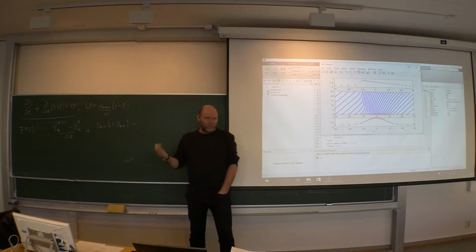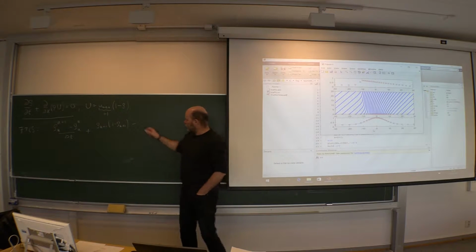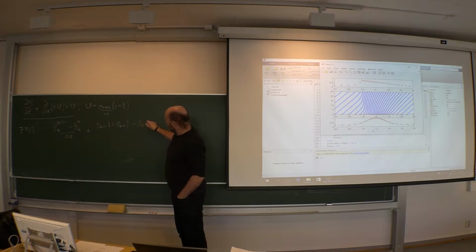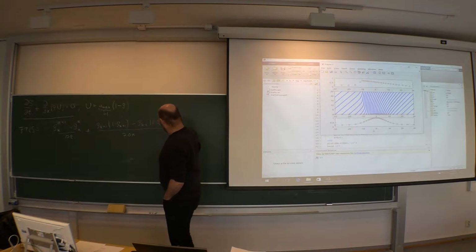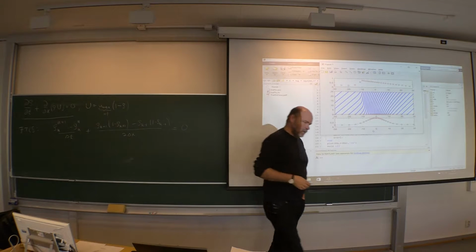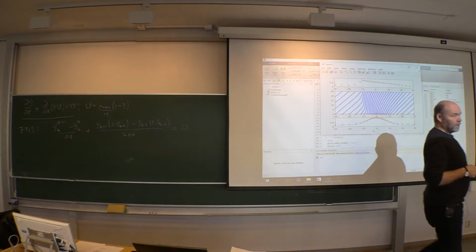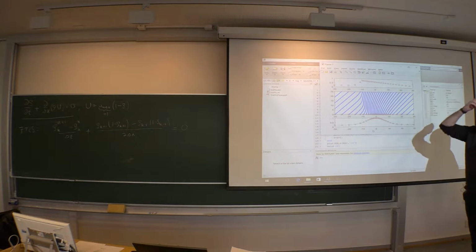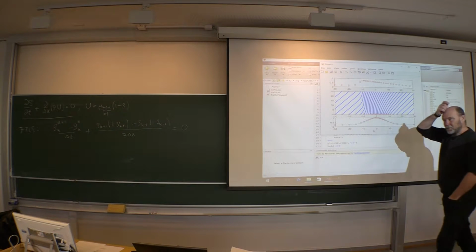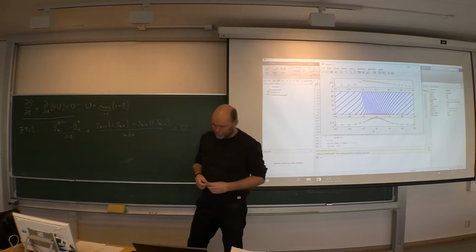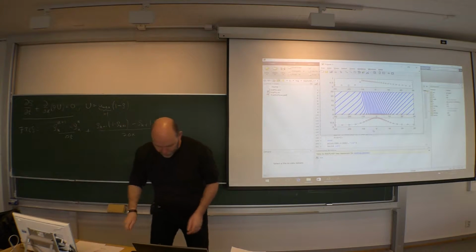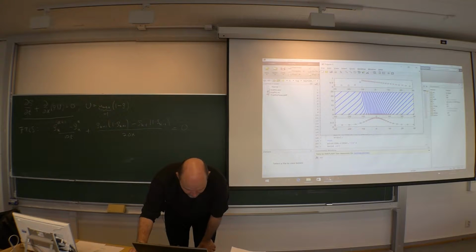Then minus exactly the same, but in the position k minus 1, and then divided by 2 delta x equals 0, where the 0 there is order delta t and order delta x squared. It's second order accurate in space. So that is my task. Should be straightforward to program that one.